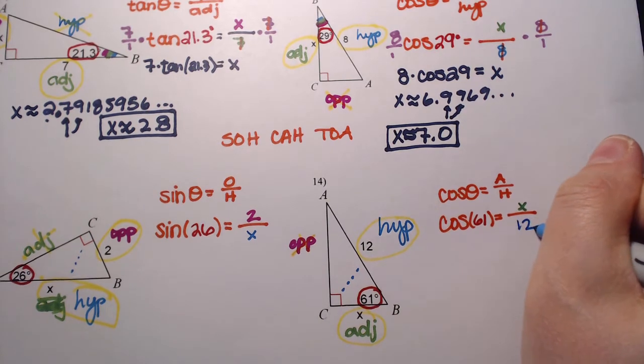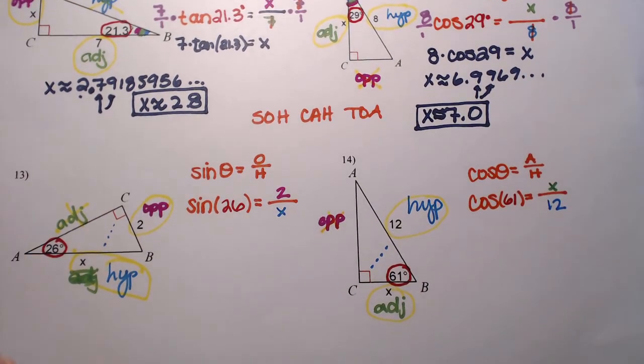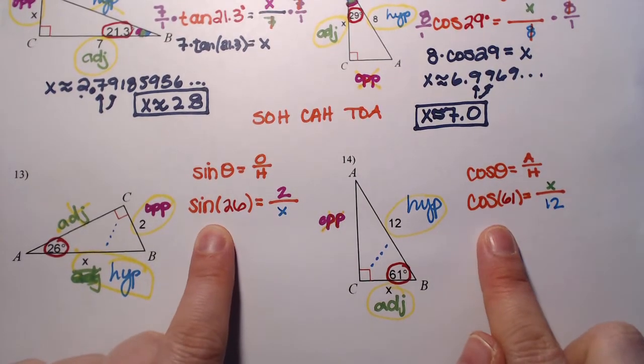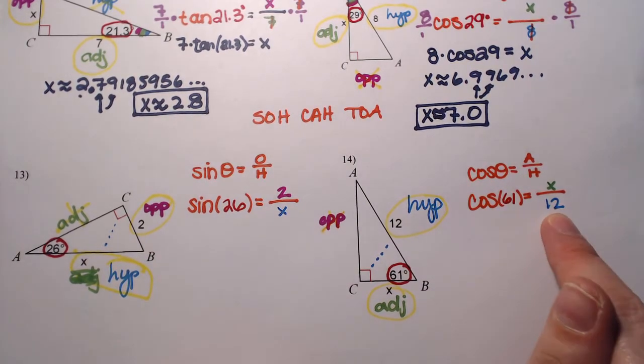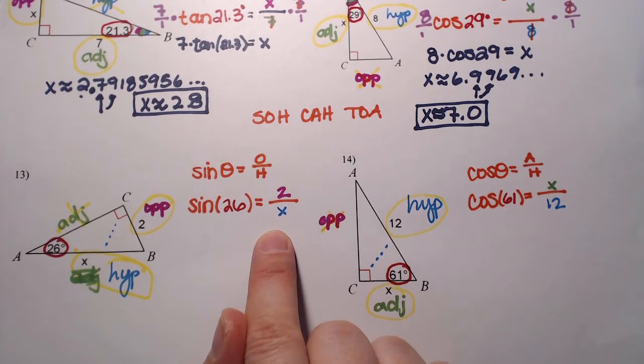Now the reason why I set these up at the same time was I want you to notice a difference in the equations. I have a trig function equals a ratio. In this one, the ratio has x in the numerator, but on the first one, it has it in the denominator. That placement matters.